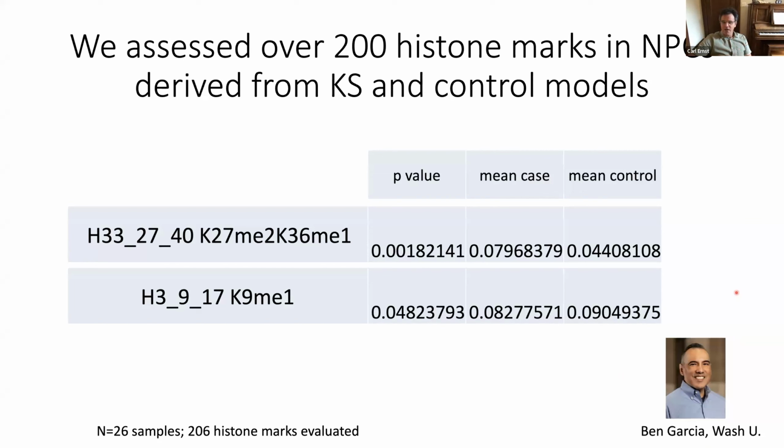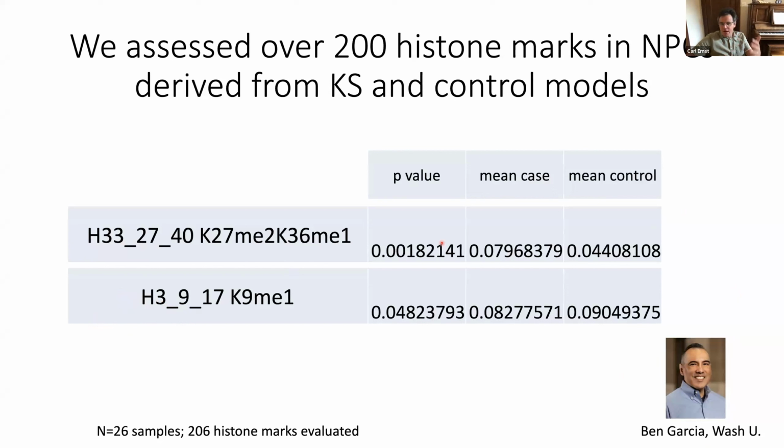What we saw was pretty much not a lot of methylation of histones taken from neuroprogenitor cells from patients and our isogenic control, our isogenic created Kleefstra syndrome model. The strongest hit was this peculiar one here.